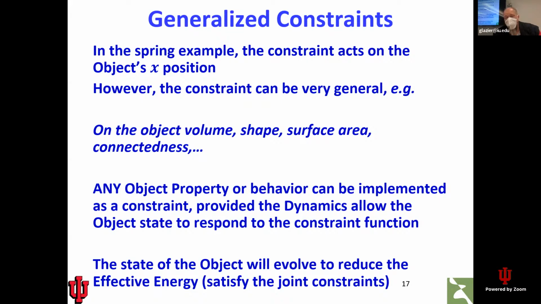Now, if we have multiple constraints acting simultaneously, we can't satisfy them all at once. And so what we'll do is we'll satisfy some average of these constraints. And the stronger the lambda, the strength of each constraint, the more we satisfy that one at the expense of its competitors.